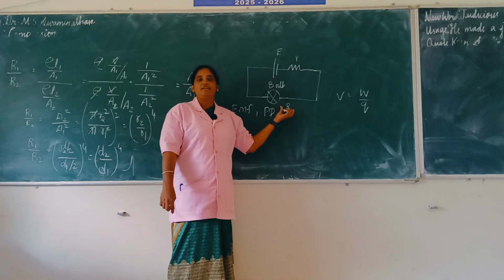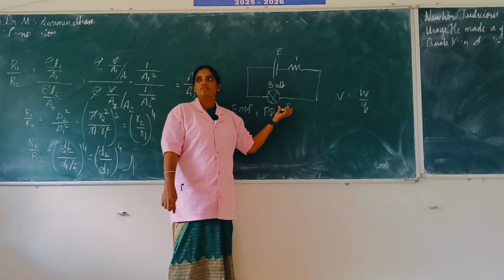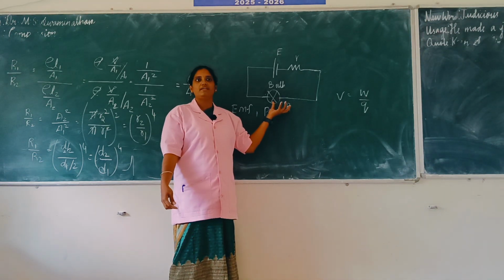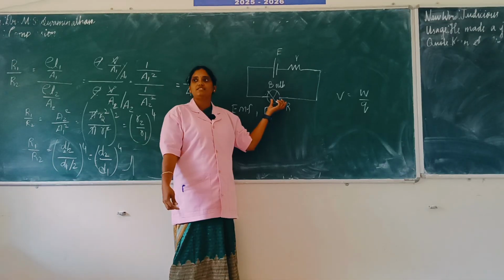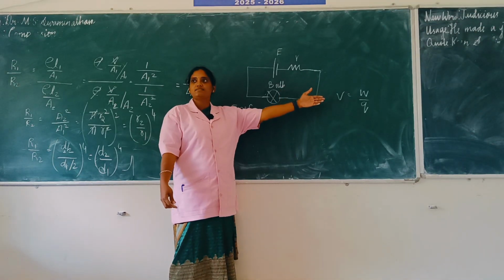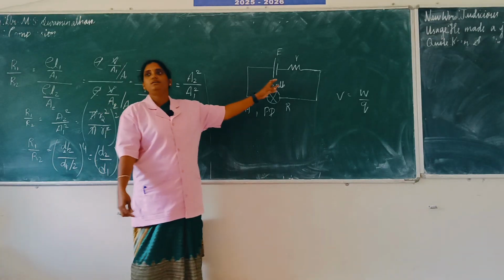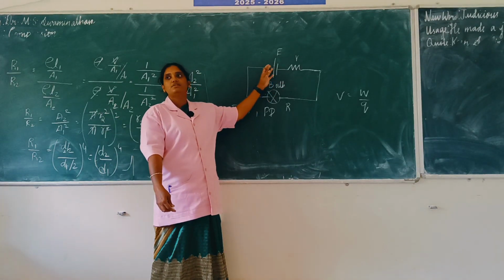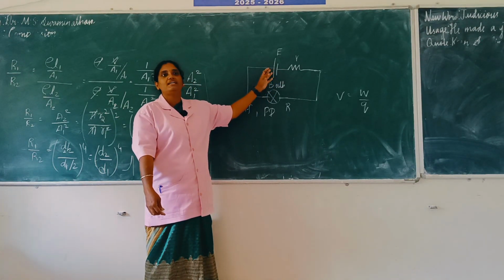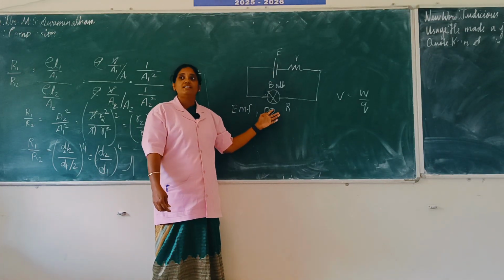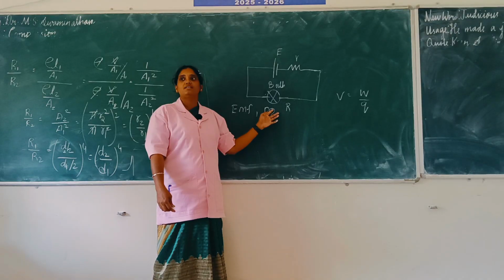If I replace it with a fan, what happens? It starts to rotate, it spins, isn't it? Some useful work will be done across the load, and that work done by the charge is told as the potential difference. So in simpler terms, the EMF is the voltage across the battery, whereas the potential difference is the voltage across the load.